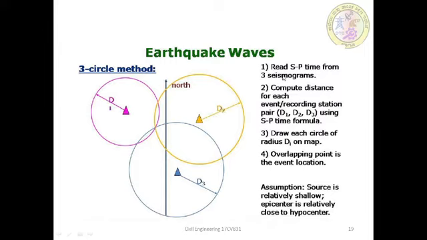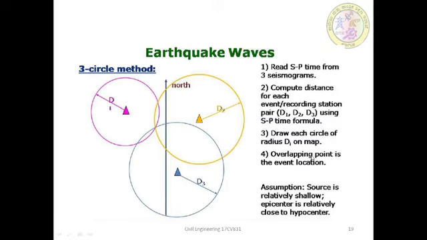First, we read the S and P times from the three seismographs. Then we computed the distance from each recording station, D1, D2 and D3, using the S and P time formula. Then we drew each circle of radius di on the map.